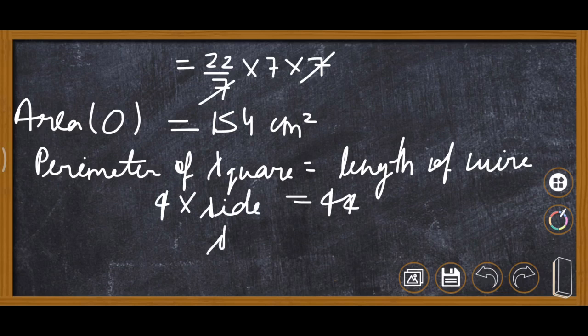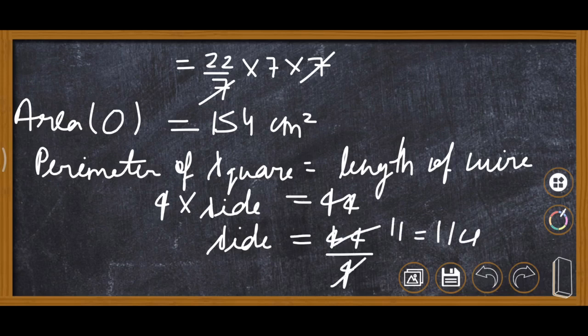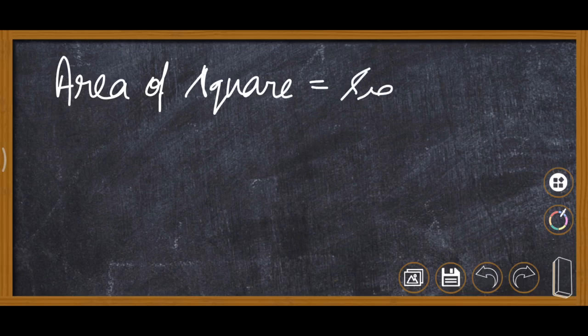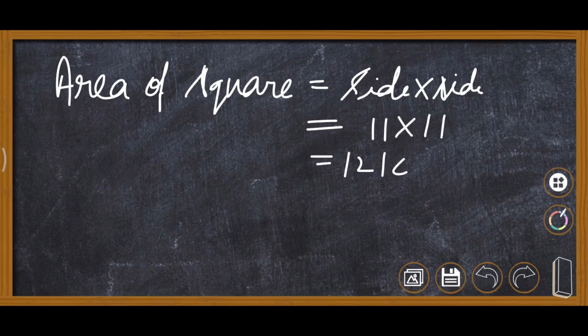So here we will get the side as 44 upon 4. Now it is 11 centimeter, the side of the square. Now we will find the area of the square. Area of square is side into side. Now side is 11, so it is 121 centimeter square.